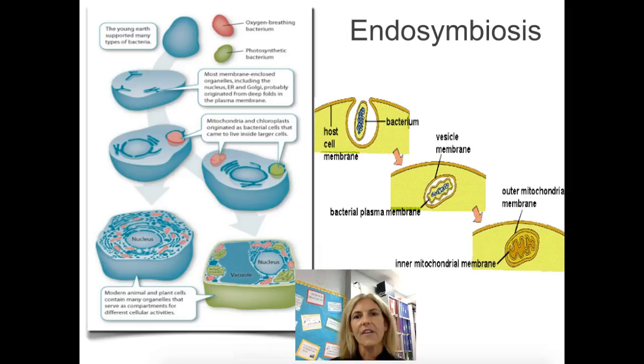So this is just a graphic representation of how endosymbiotic theory might have worked. So here you have the host cell, you have your aerobic bacteria, you have your photosynthetic bacteria, and this is that process of phagocytosis.